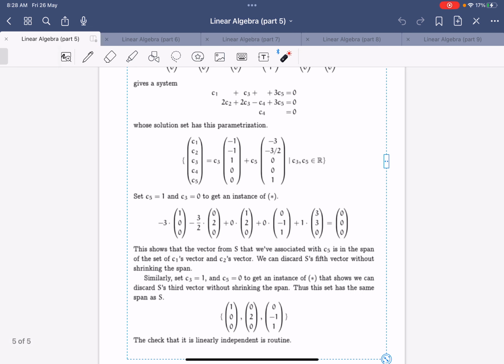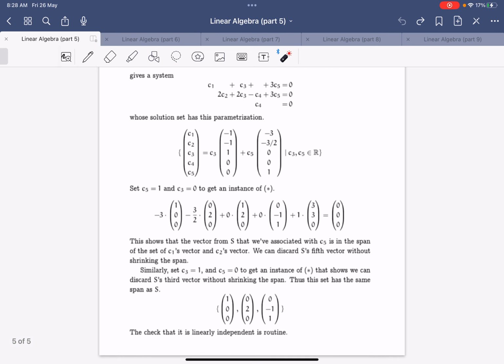And so with that, this shows that the vector from S that we associate with C5 is in the span of the set C1 and C2. So we can disregard the fifth vector without shrinking the span.